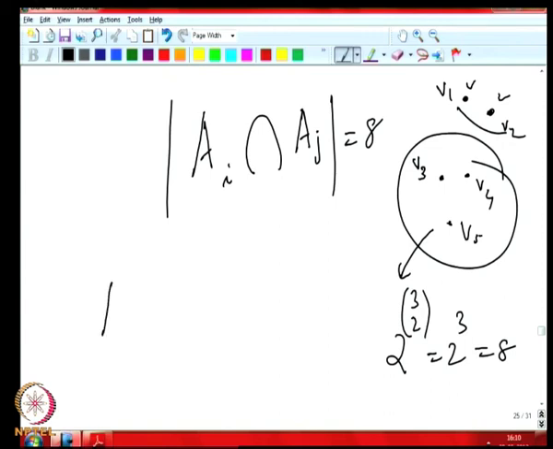And finally, if you want, say, AI intersection AJ intersection AK, the same way we can find it when 3 vertices together have to be isolated simultaneously, that will end up as 2 to the power 2 choose 2, namely 2 to the power 1, right, because 3 vertices are gone, and then how many graphs can be drawn on these 2 vertices?